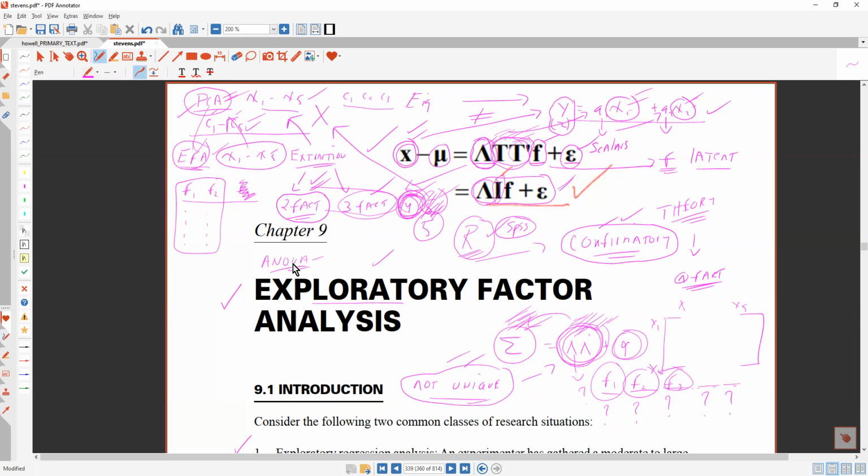Now, that doesn't mean there aren't complexities with how you operationalize your variables and all those things. But we don't really have to talk about uniqueness when we talk about ANOVA or regression. In factor analysis we do, because those factors and the loading matrix are on this side of the equation, so we have to talk about the uniqueness.